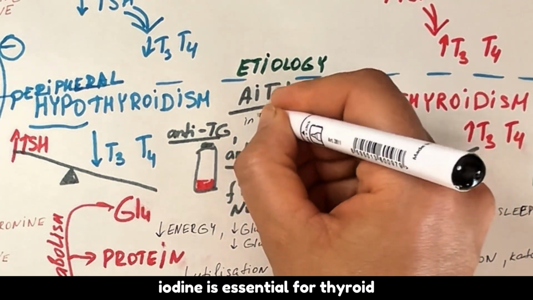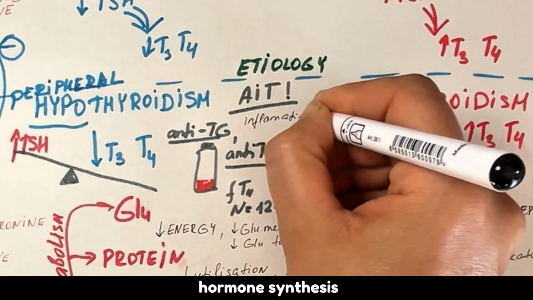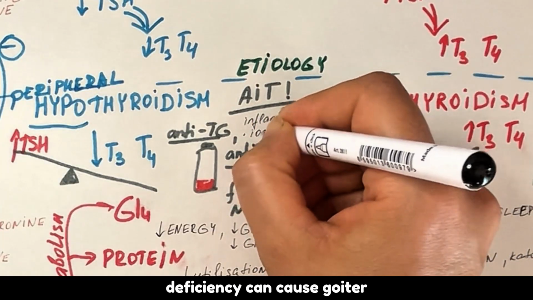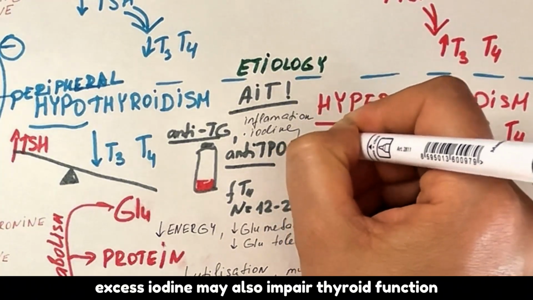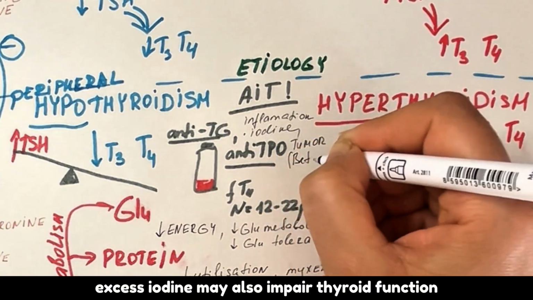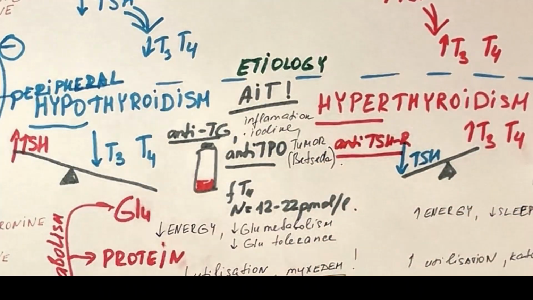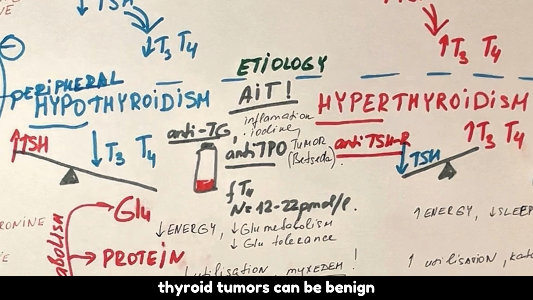Iodine is essential for thyroid hormone synthesis. Deficiency can cause goiter and functional disorders. Excess iodine may also impair thyroid function. Thyroid tumors can be benign, most commonly follicular adenoma, or malignant, various types of carcinomas.